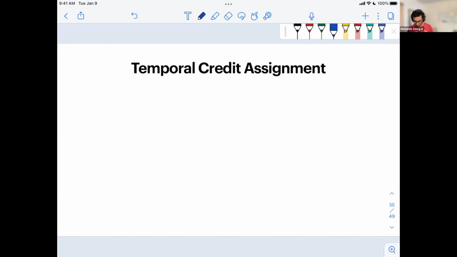Eligibility traces were first designed to be a computationally efficient method equivalent to lambda returns. But over time, we are seeing these traces as a mechanism to do temporal credit assignment in RL. Why is that so?